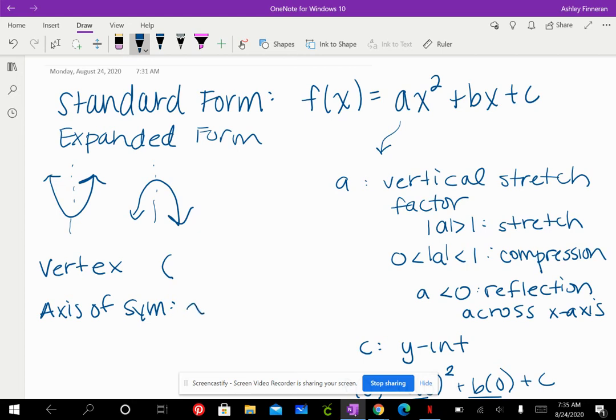The axis of symmetry is always given by the opposite of b over 2a when in standard form. So that's how you find the x value. And then to find the y value, just plug that in. And the notation that tells us to plug it in is function notation. My parentheses are getting bigger.